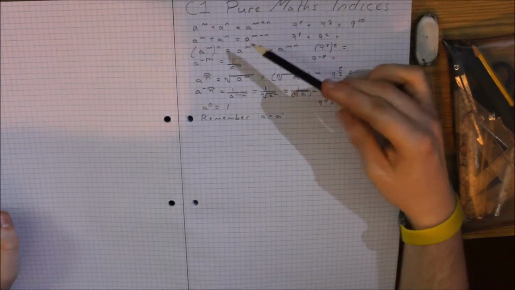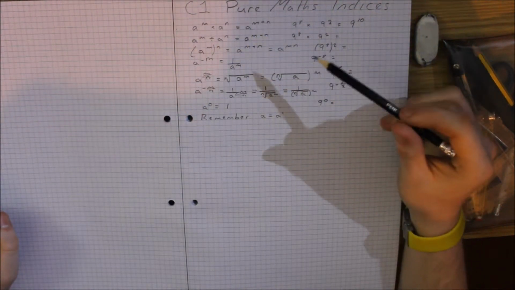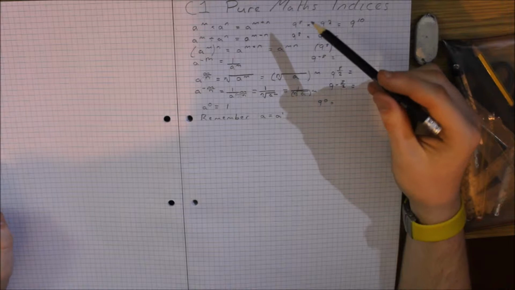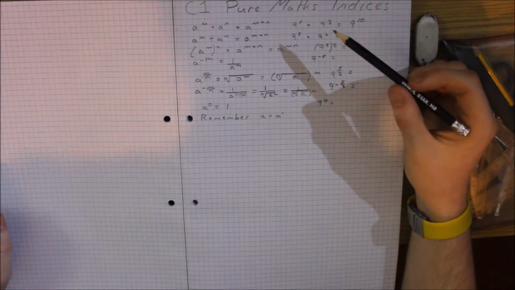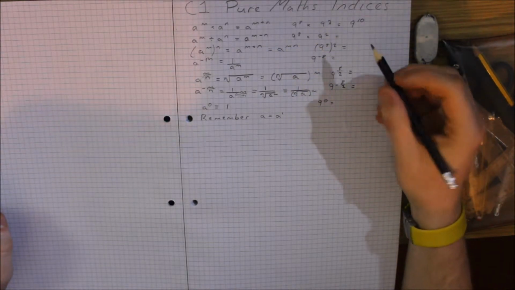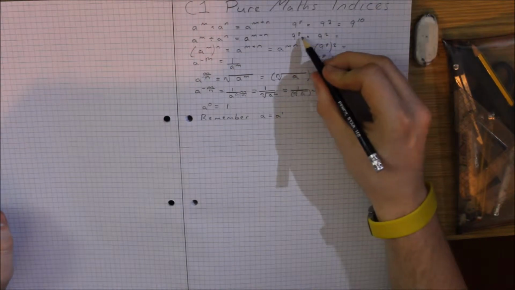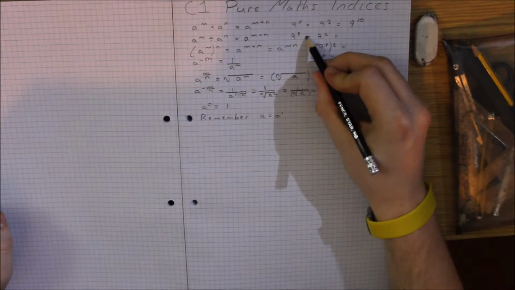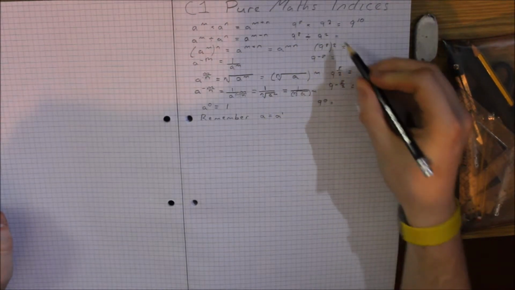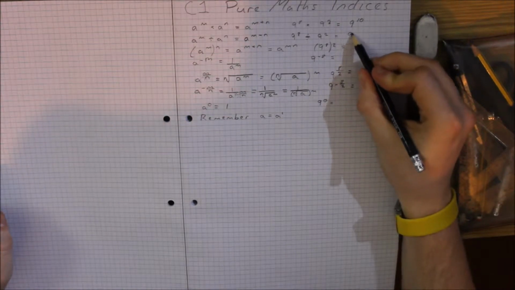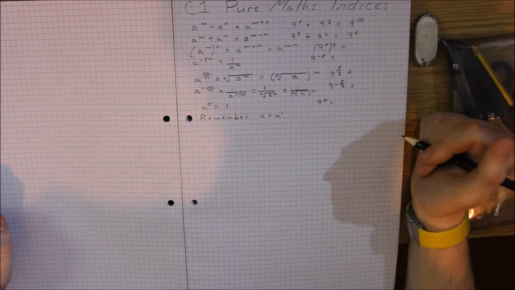The next rule is a to the power of m divided by a to the power of n equals a to the power of m minus n. For example, we've got 9 to the power of 8 divided by 9 to the power of 2, which would be 9 to the power of 6.